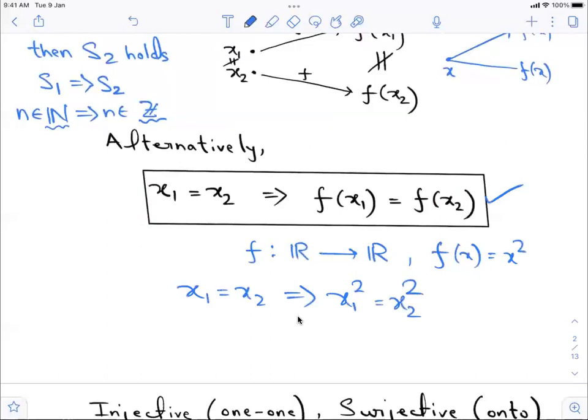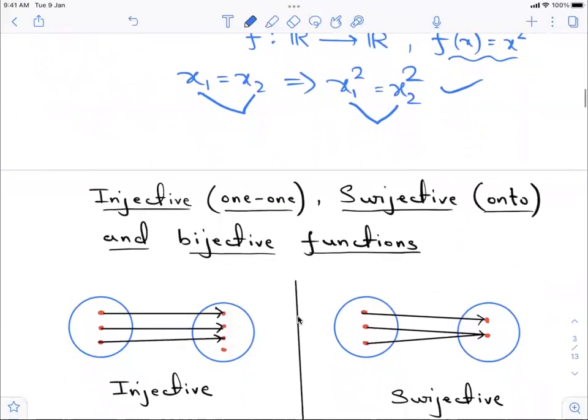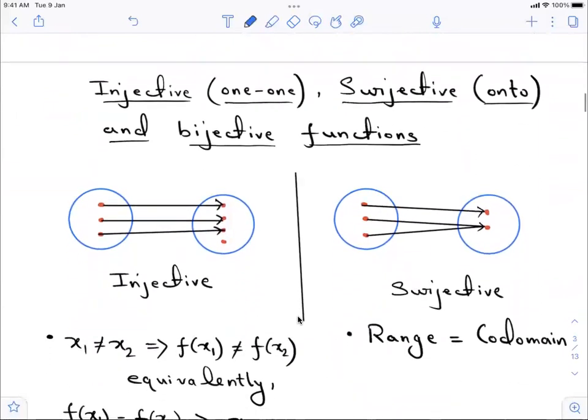Obviously, this is true because if two real numbers are equal, so will their squares be. So clearly, this rule is a function. Okay, that's how you check if a rule is a function.